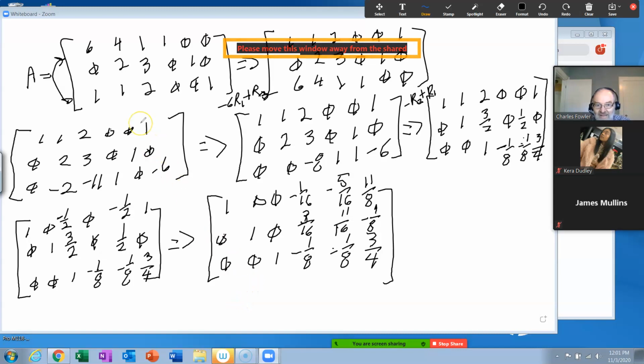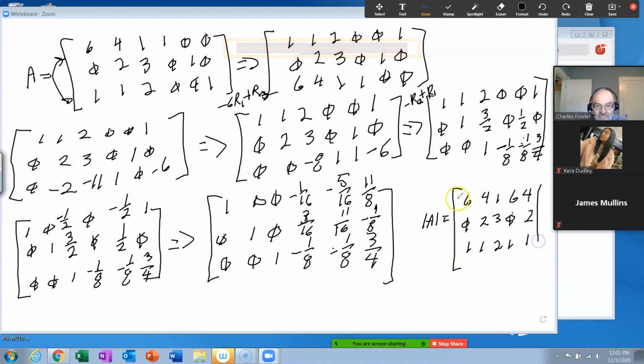The determinant of A. Since that's a 3 by 3, I'm going to do 6, 4, 1, 6, 4; 0, 2, 3, 0, 2; and 1, 1, 2, 1, 1. Now this is doing a determinant, so to speak.